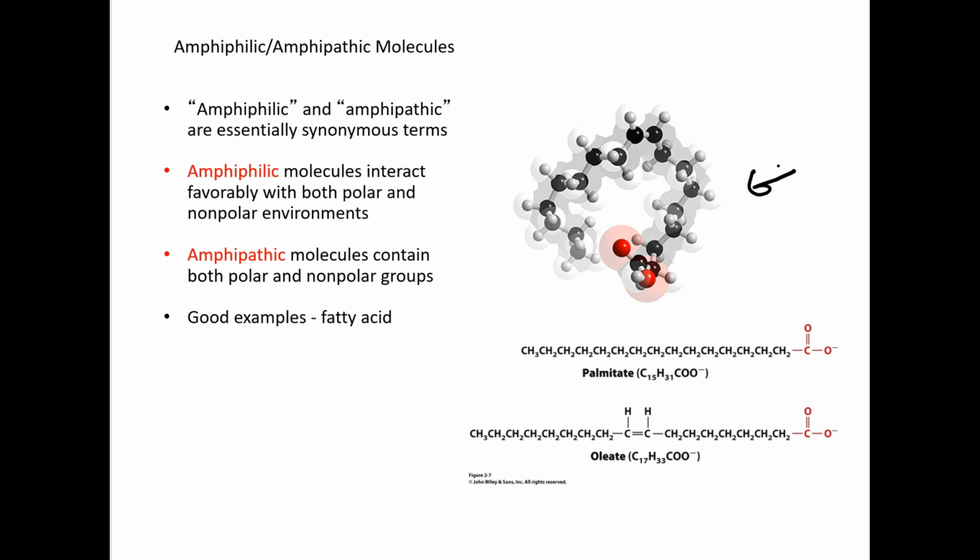So here we have a fatty acid, and you have this long chain of, in this case, saturated carbon-hydrogen bonds. And on the end, you've got a carboxylate, which are these two oxygens here. Now, you can get variations on the theme, but in the case of these fatty acids, we have a hydrophilic group and a long hydrophobic group. So the presence of both groups is amphipathy.